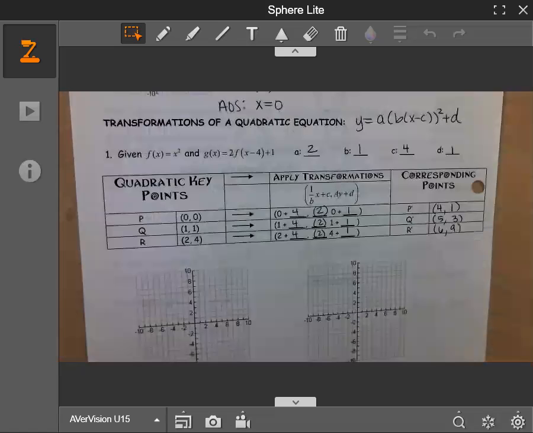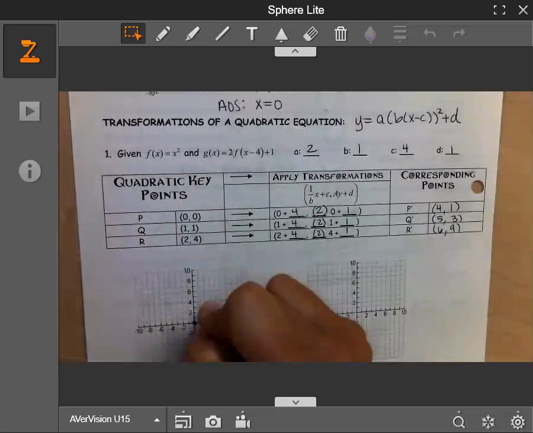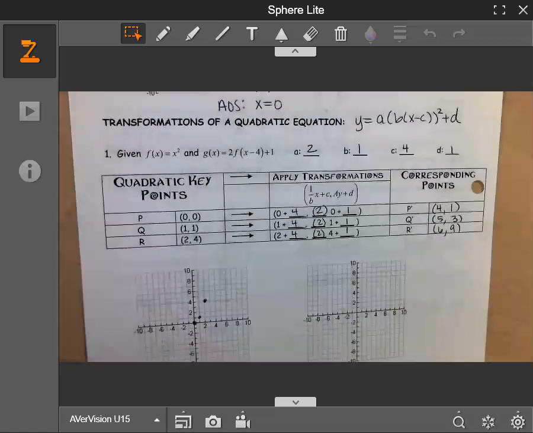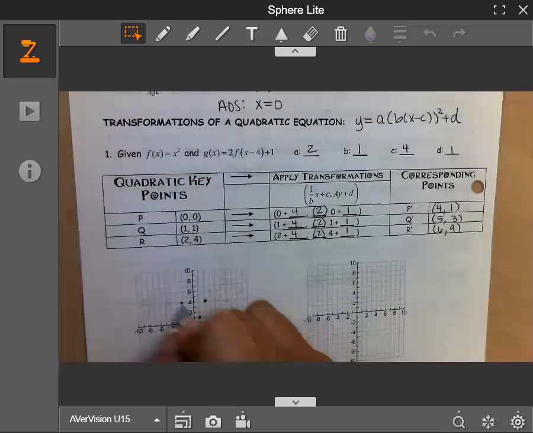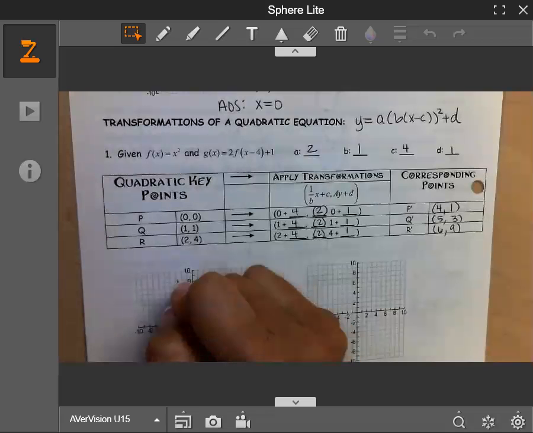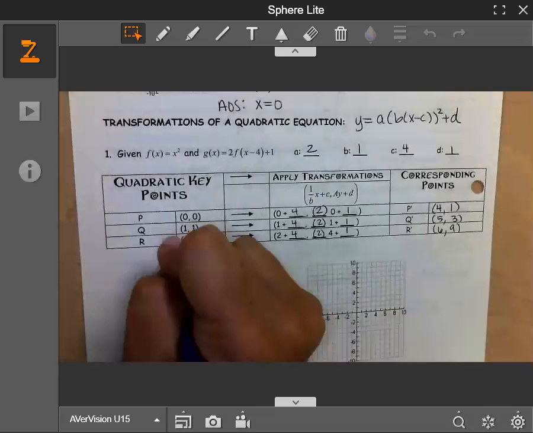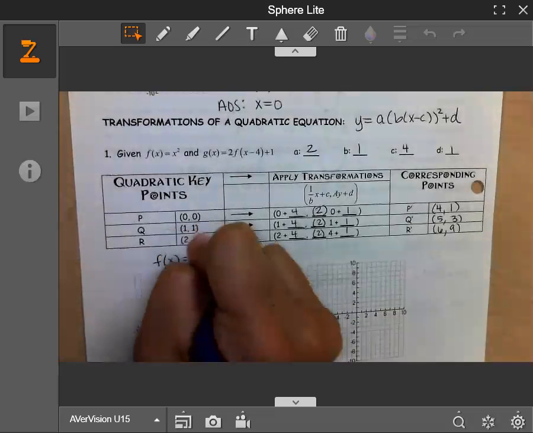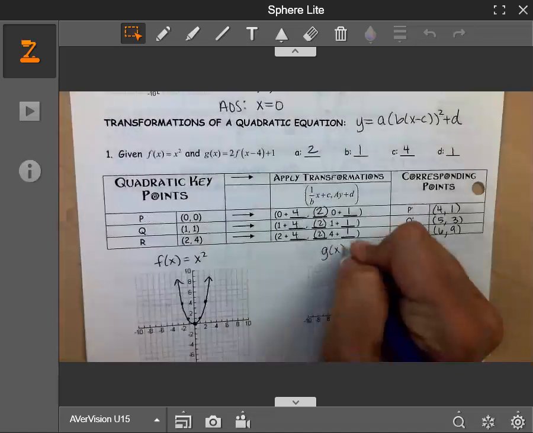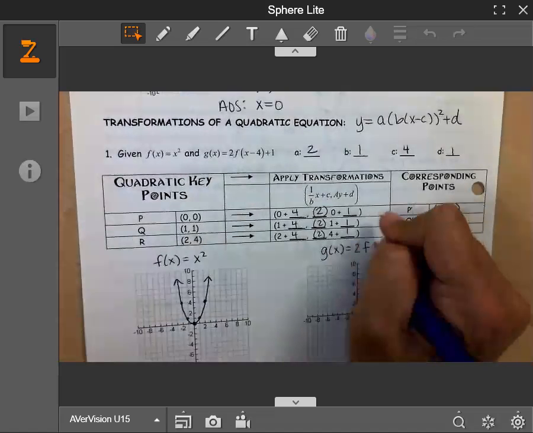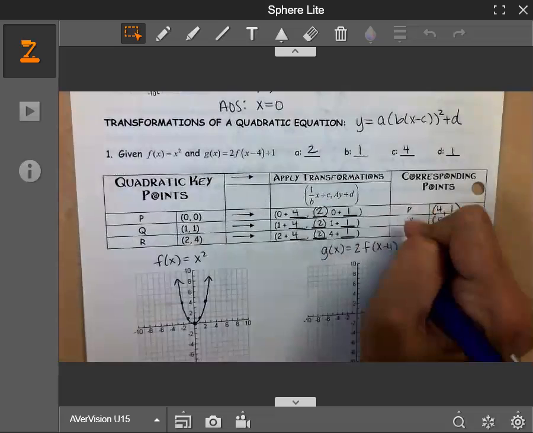So 0, 0, 1, 1, and 2, 4 is what we had graphed for the parent function, and we said it is symmetrical across that vertex. So here is our parent function. This is f of x equals x squared. All right, here we're going to do our g of x is equal to 2 times f of x minus 4 plus 1.